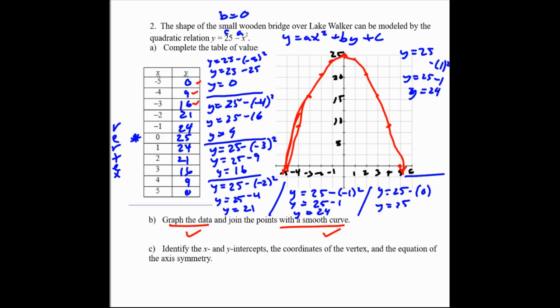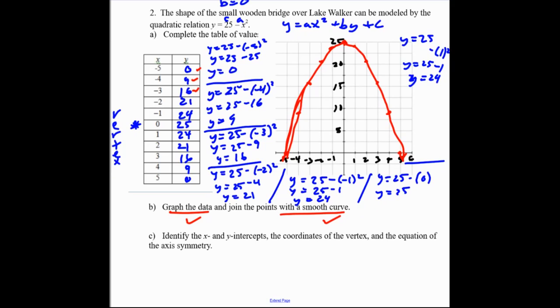All right, identify all the different things we need. The first thing they're asking us to identify, let's go by the list here: the x-intercepts, or we call them the zeros, or the roots.